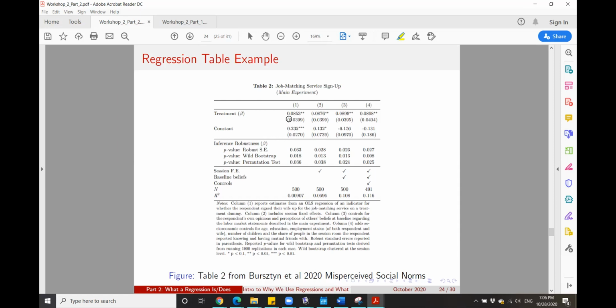So then underneath, in this case, in the parentheses, I believe they have their p-values reported. Essentially a p-value is telling you the chance that you get that kind of coefficient if the actual coefficient is 0, right?